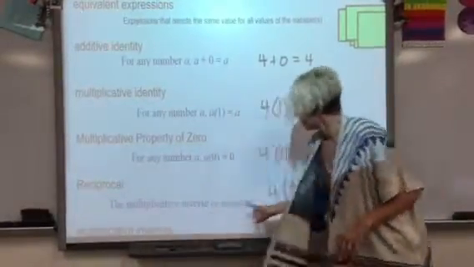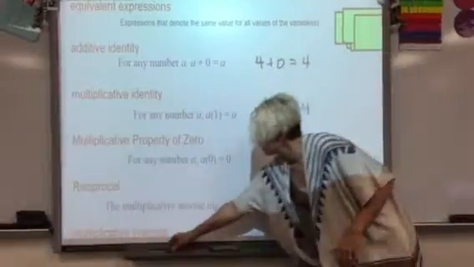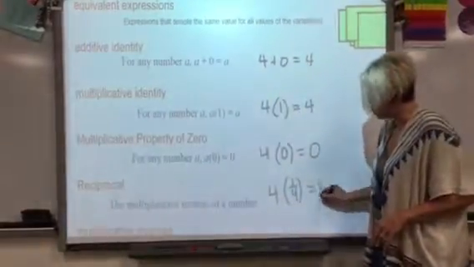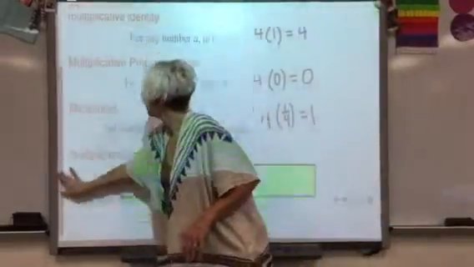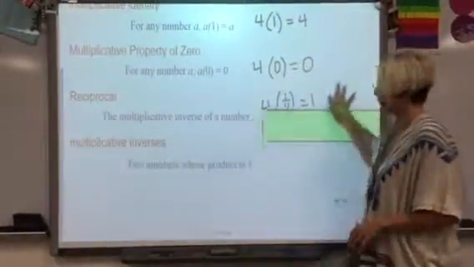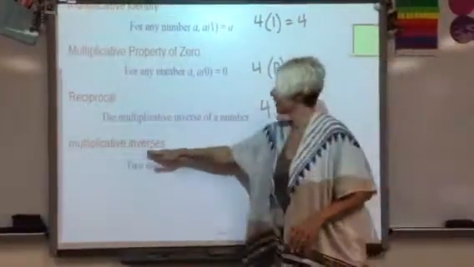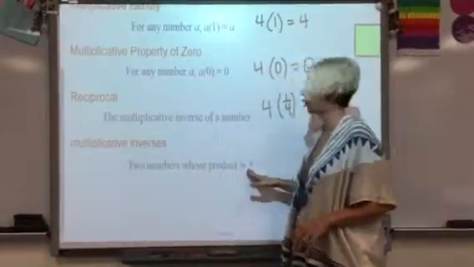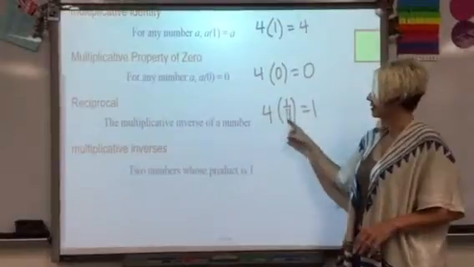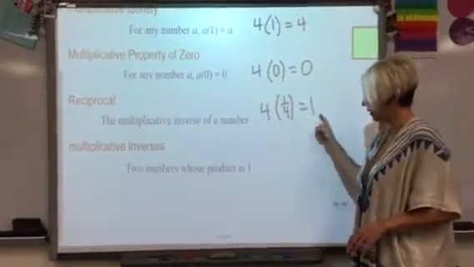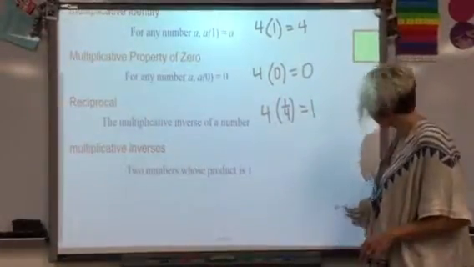And if you'll notice, if I multiply these two by each other, I'm going to end up with 1. So multiplicative inverses always will multiply to be 1. And you see that right here in multiplicative inverses, two numbers whose product is 1. So these two are inverses of one another. This is the reciprocal of 4, and they would then have a product of 1.